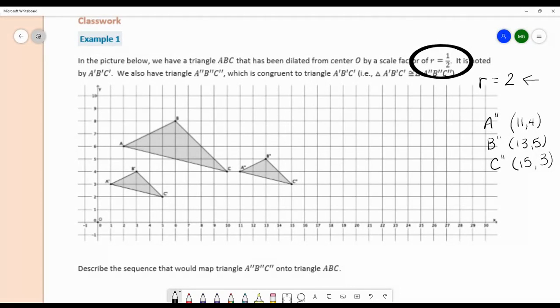So A double prime becomes (22, 8). Then we have (26, 10). And our last one is going to be (30, 6). So those are the new points of our triangle.